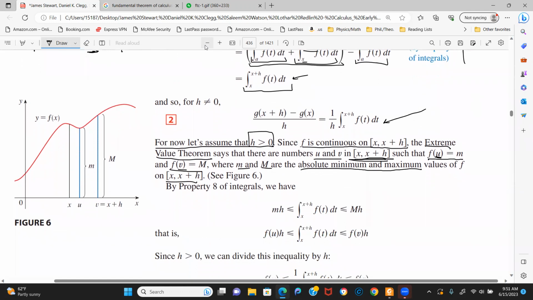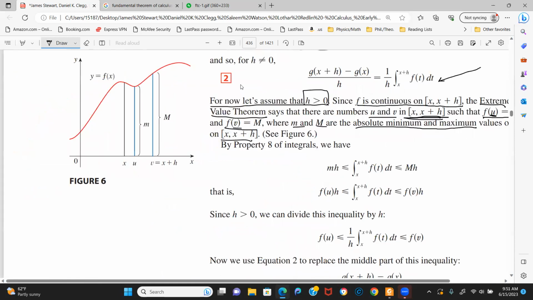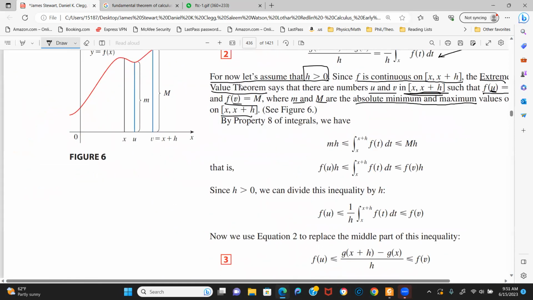All right, so now what we can say is, because they're being kind of sneaky here, let me do this on the side. So f of u and f of v are the minimum and maximum respectively on the interval x to x plus h.